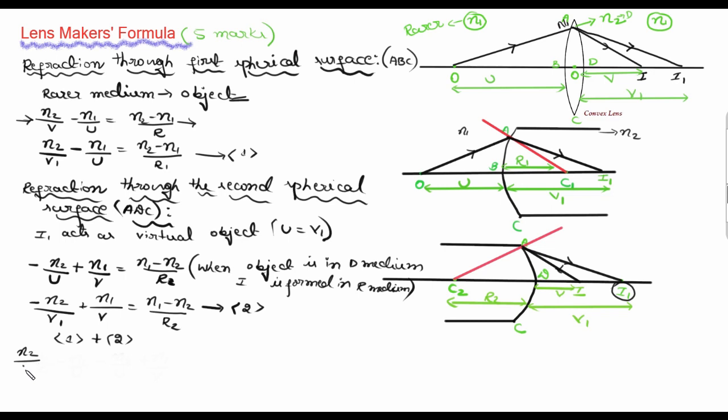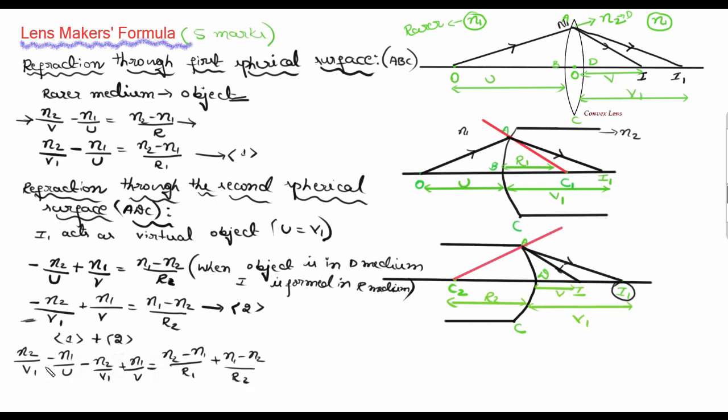So N2 by V1 minus N1 by U, and the second equation left hand side is minus N2 by V1 plus N1 by V, is equal to N2 minus N1 by R1 plus N1 minus N2 by R2.